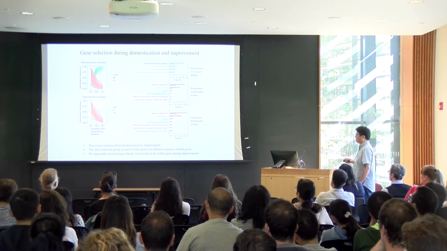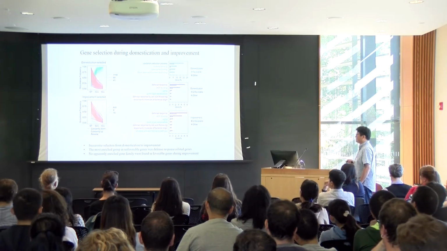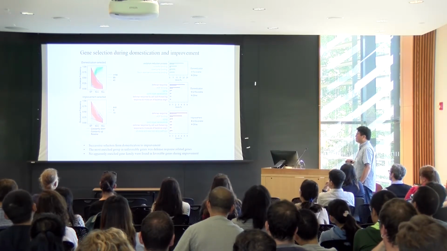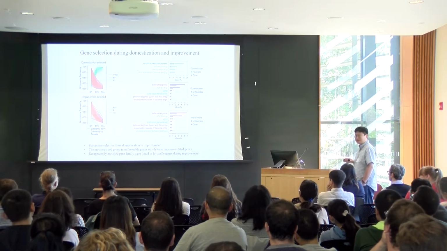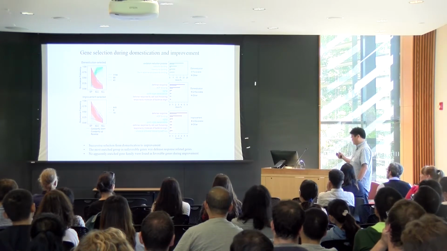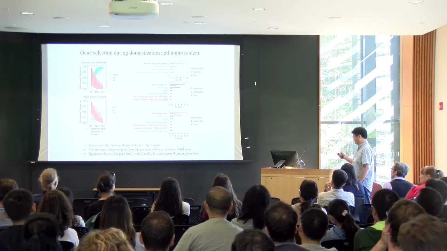For the improvement, it's the same. We got a defense response, and we did not find enriched gene families in favorable genes during improvement. The first reason is that in improvement we only got very few genes.